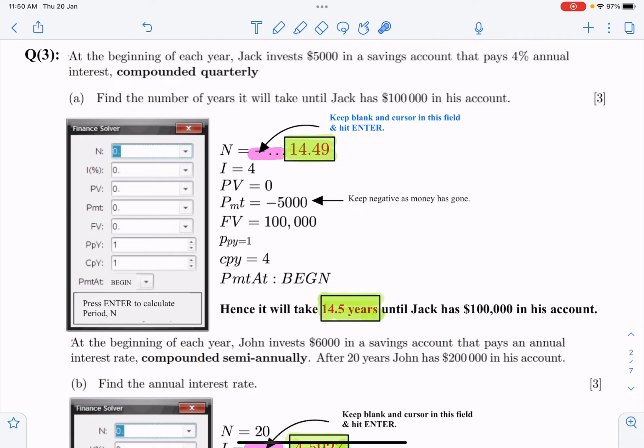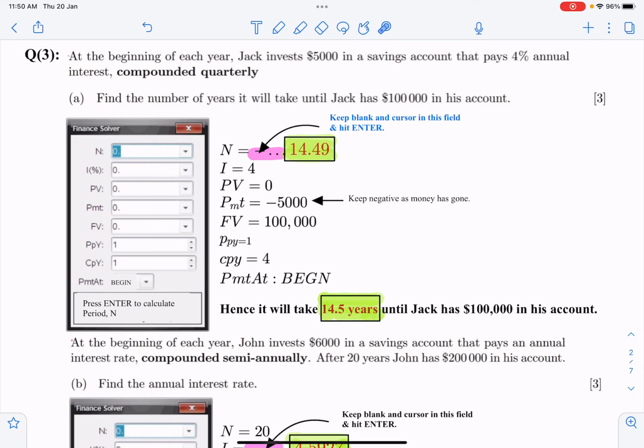Okay, and you have to keep it negative because the amount is going from you, right? Okay, FV future value is known, it should be 100,000. Again PPY will be 1 because payment will be once only, and CPY compounding period is 4. Okay, PMT at the beginning of the period, at the beginning of each year he is putting it in the bank.